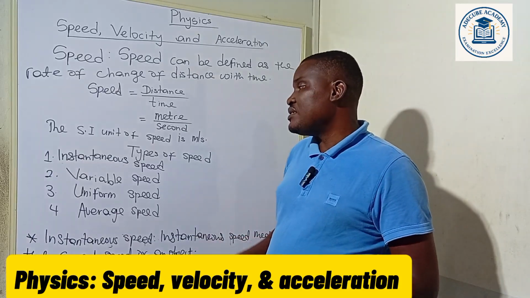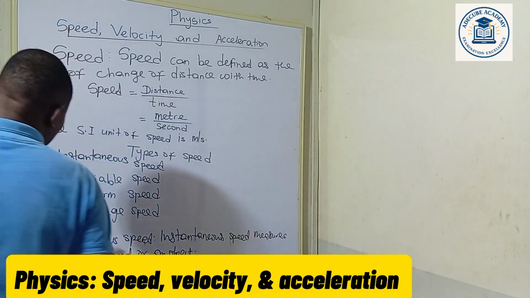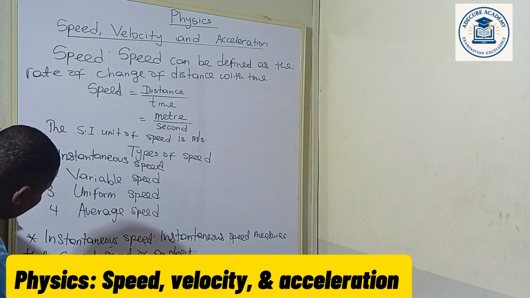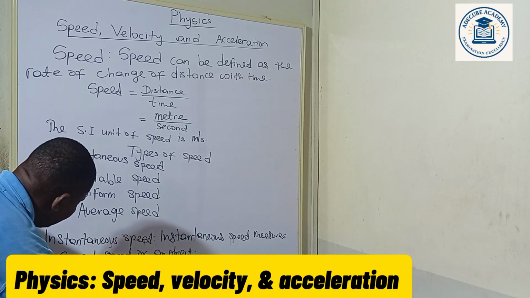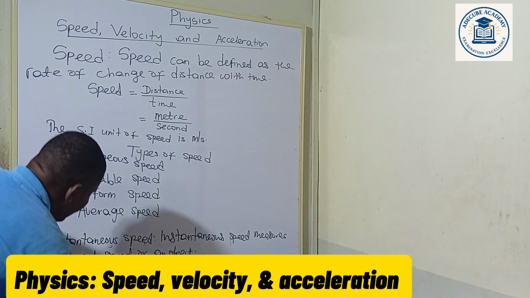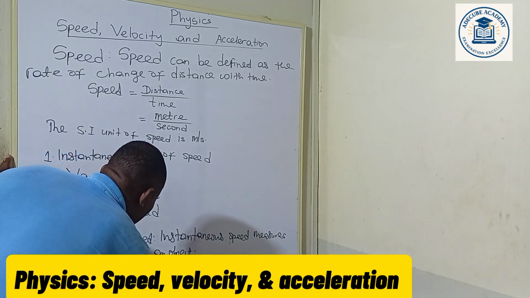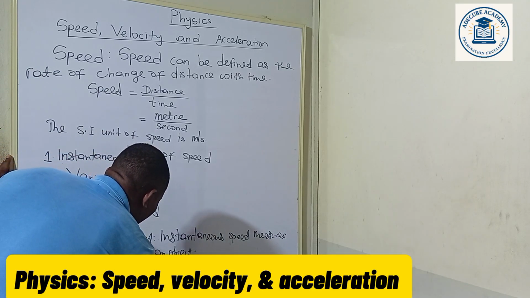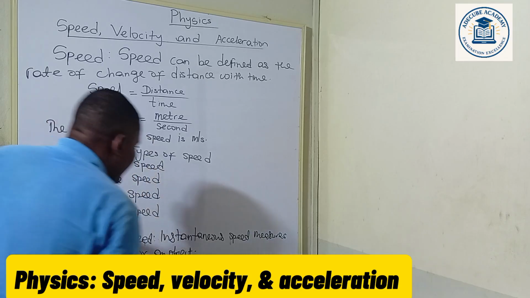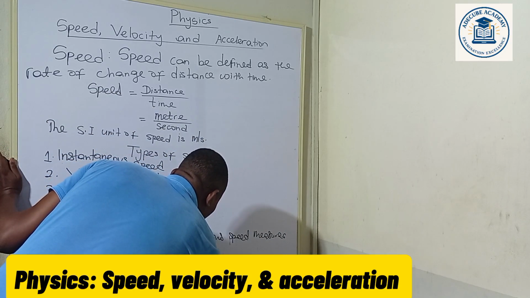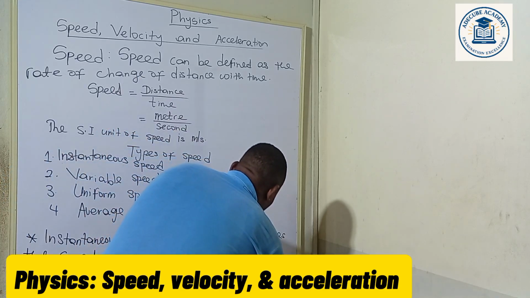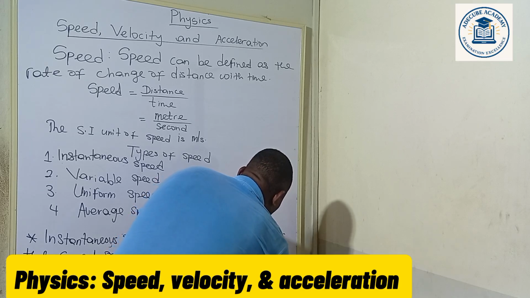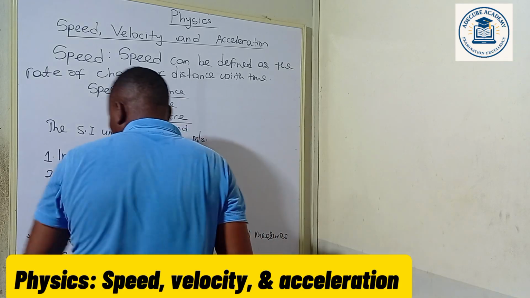That's instantaneous speed. Then the second one that I'll be explaining is the variable speed. This speed indicates changes in speed.